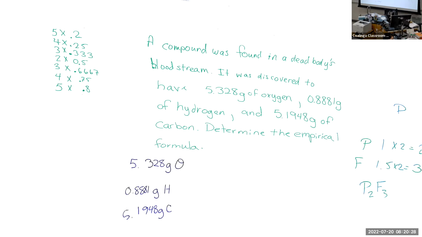Tell me what I need to do. I'm just trying to figure out the formula from yesterday, so you're gonna do the grams divided by the moles. Right, we need the molar mass. Okay, so what is the molar mass of oxygen? 16. Yeah, we look at our periodic table.